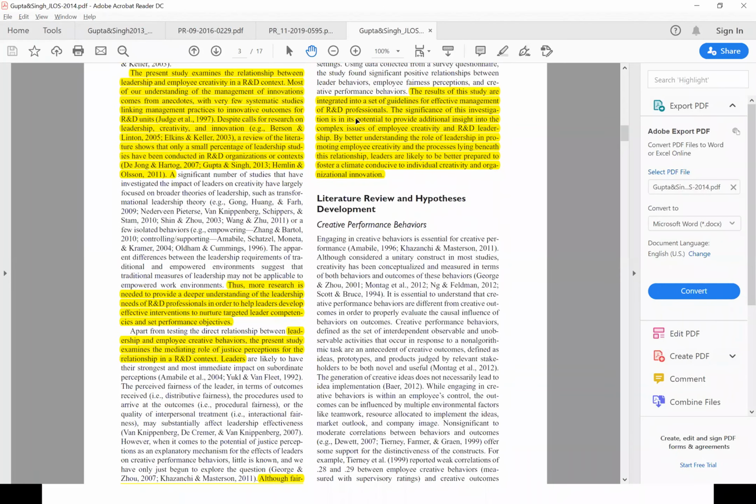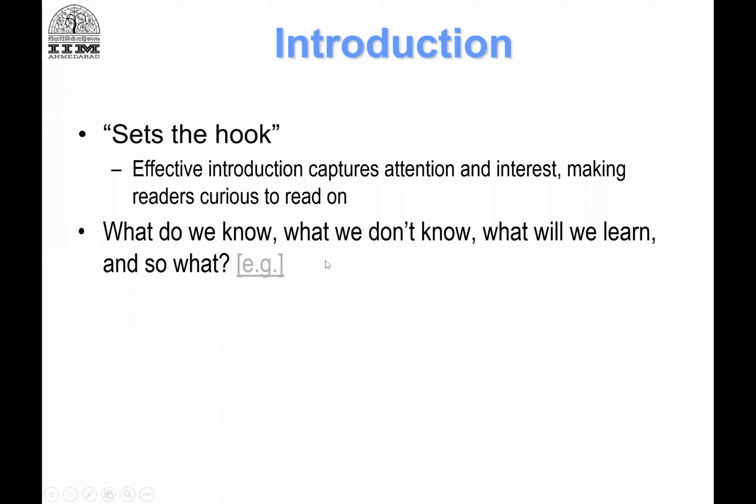And therefore, finally, I come to the point of what my contributions are and why this study is important. And in less than a page, I talk about these aspects of the introduction that I am talking about.